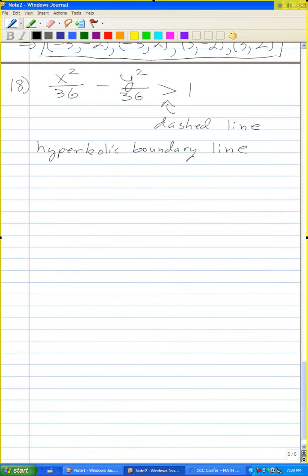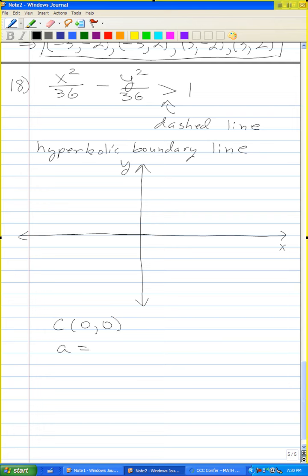And so let's do this. So I have here x, y. And so the center of the hyperbola is the origin. A is 6, B is 6, C, 36 plus 36 is 72, which is 6 radical 2.